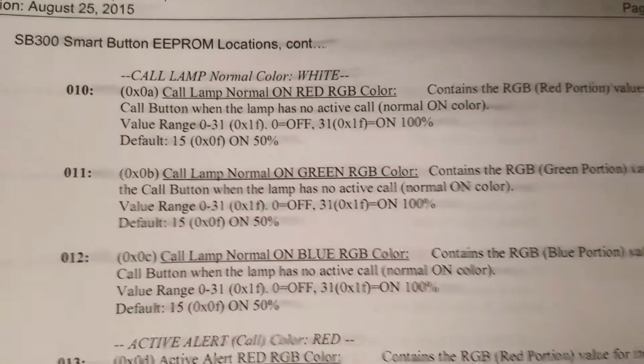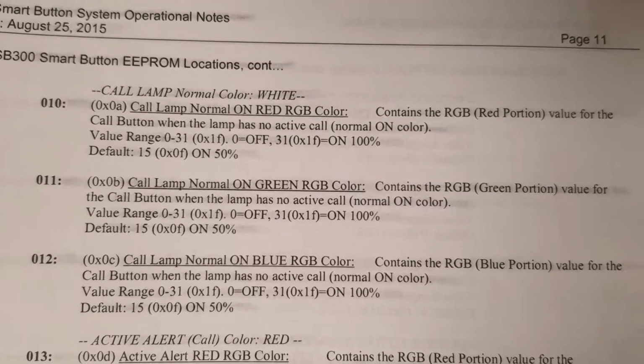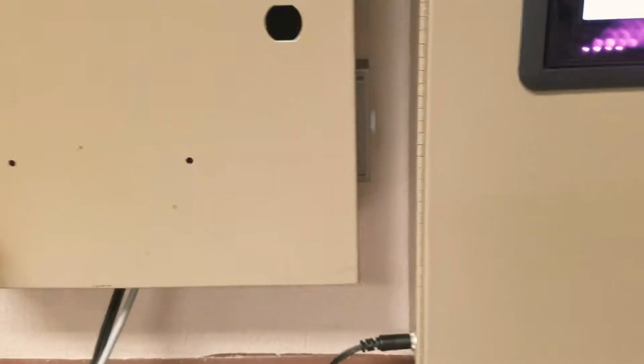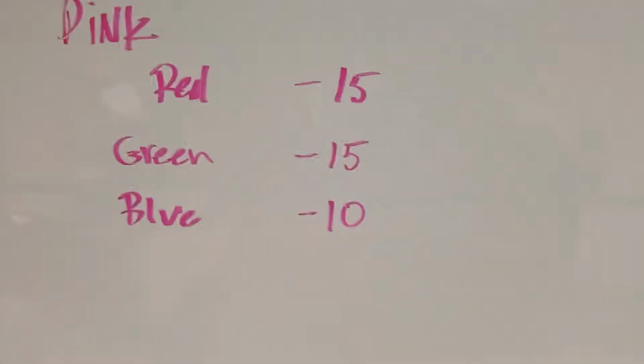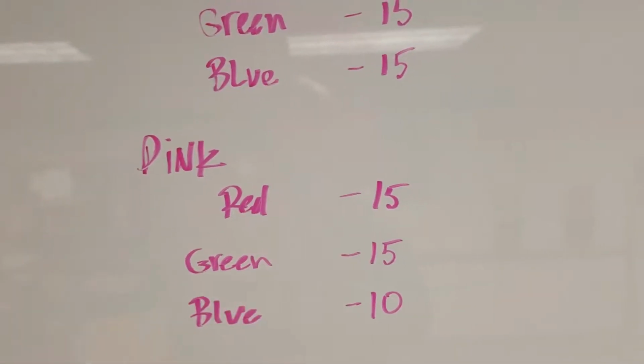Again, that's the red portion of this specific button function. So to make pink, essentially the red value is going to be 15.